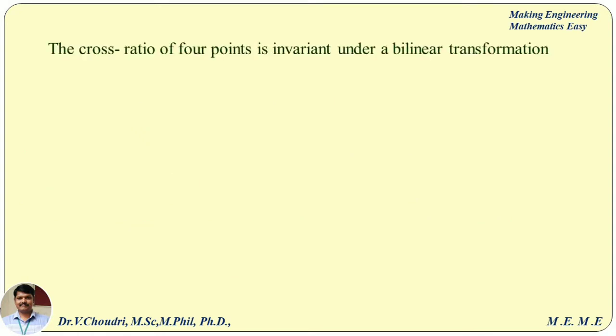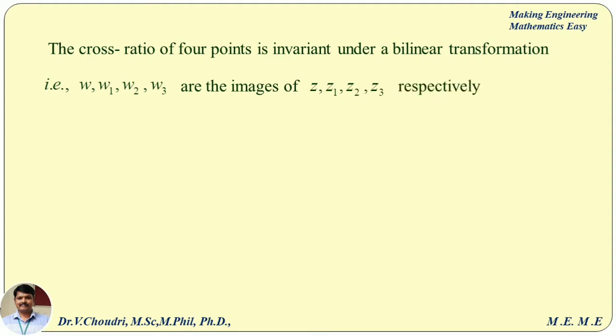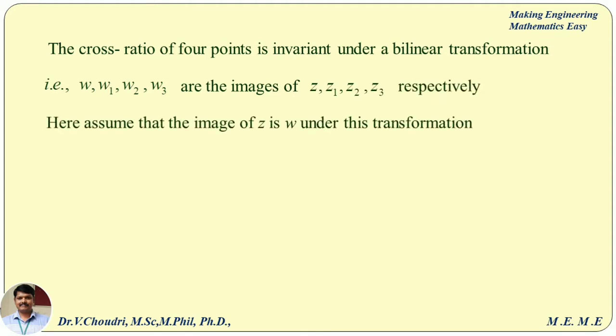Under the bilinear transformation, the cross ratio of 4 points is invariant. So let us consider the fourth point in the z plane is z, and in the w plane is w. That is, w, w1, w2, w3 are the images of z, z1, z2, z3 respectively. As per the invariant, the image of z is w under this bilinear transformation.